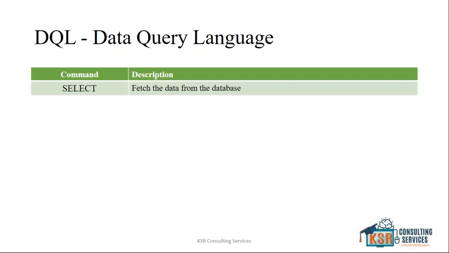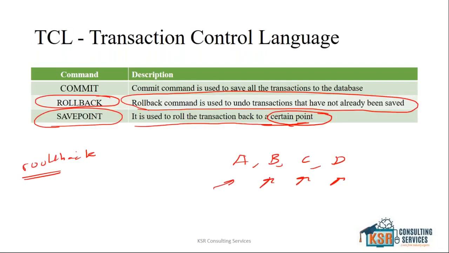Some organizations or research papers say they don't group select into any category, but we will group it into data query language, because this is related to getting the records. You can see the record, you can do whatever you want, so we'll put it as a query language. And finally we saw transactional control language.